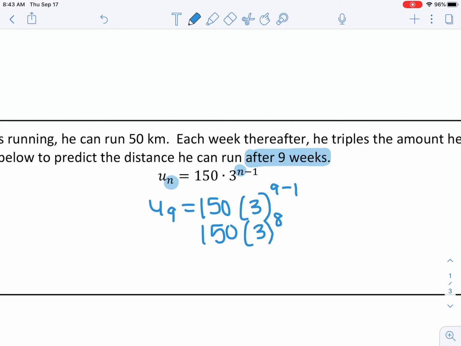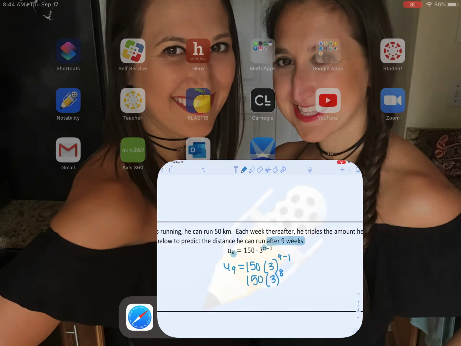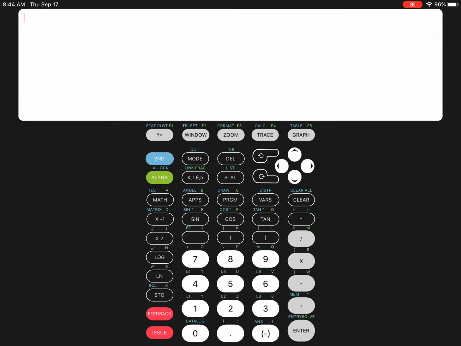This time I'm going to use a TI-84 in case that's the graphing calculator you use in class. So here, I'm going to type 150 parentheses 3, close my parentheses, and the caret button to the 8th, and then press enter. And my answer is 984,150.